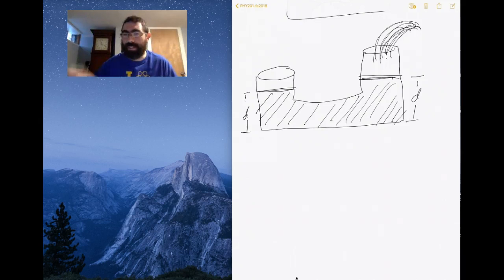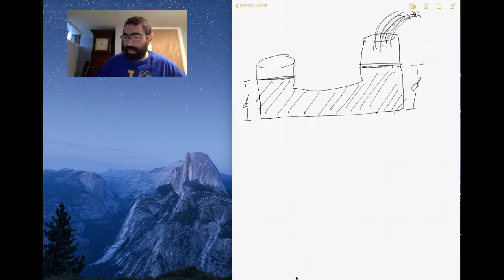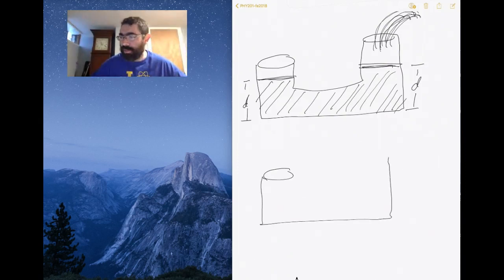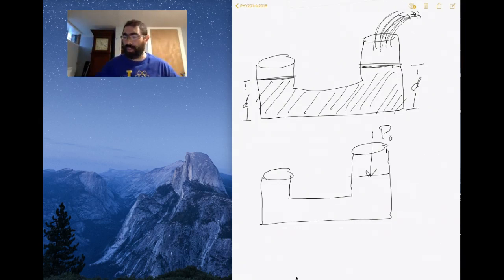So again, that kind of makes sense now. Why that should happen is because if both sides of the container are open, then both sides of the container have the same pressure of the air on the outside of the container. So there's going to be some pressure P0 pushing down on this side.